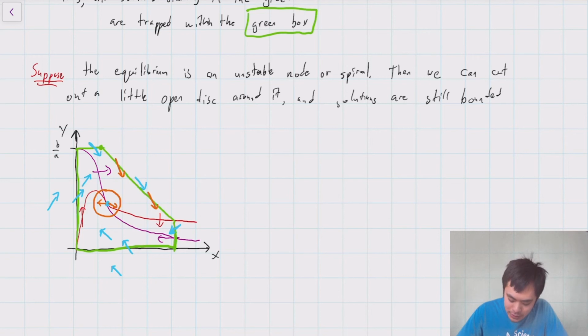And what you'll notice is that around the circle, because things are going outward, you end up with things still being pushed outward, and because things are constantly being pushed outward, assuming your circle is close enough to your unstable node or spiral, solutions are still bounded.